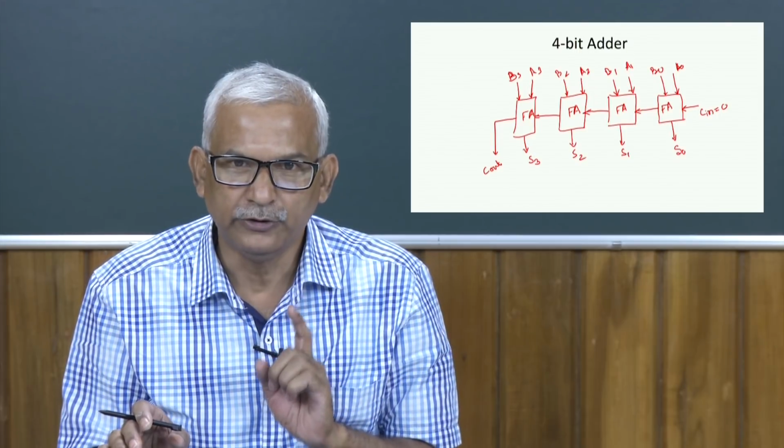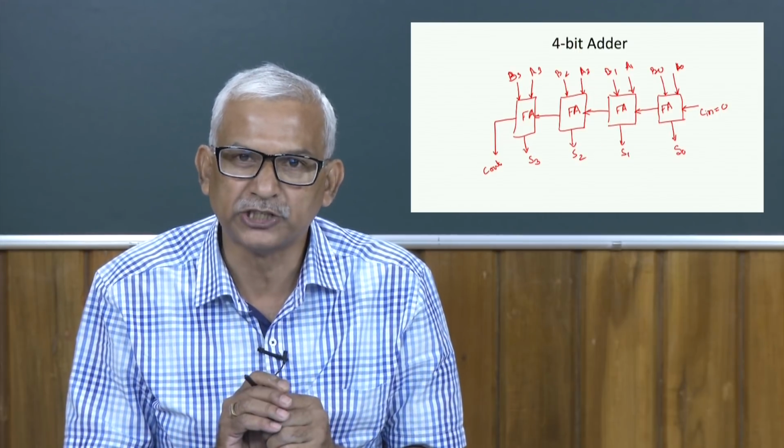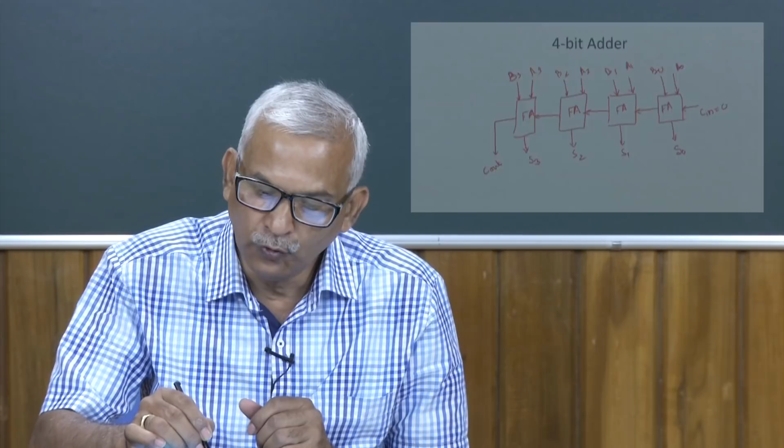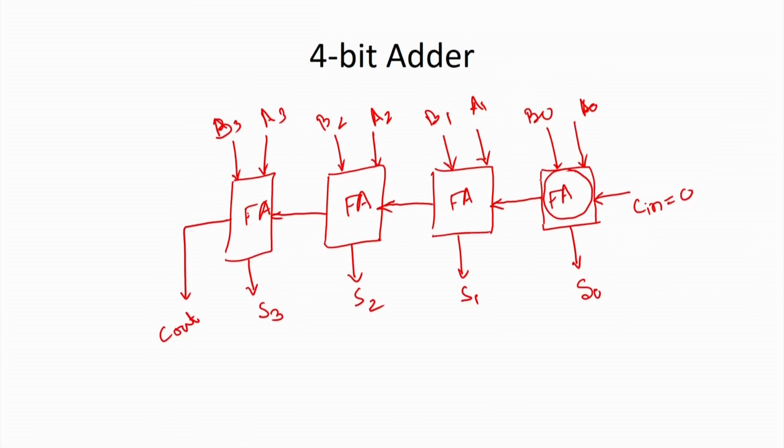Now, you just see I am talking about the propagation delay. Now, this full adder is having some propagation delay. Once I am giving this A0, B0 and C in, it will take some time, and we are going to get the output over here, and along with that this carry bit we are going to get. Now, I am giving these 4-bit numbers, say 1 0 0 1 and 1 1 0 0.